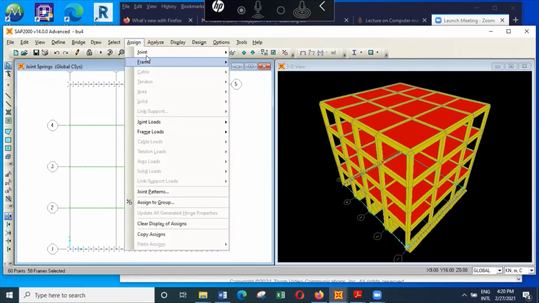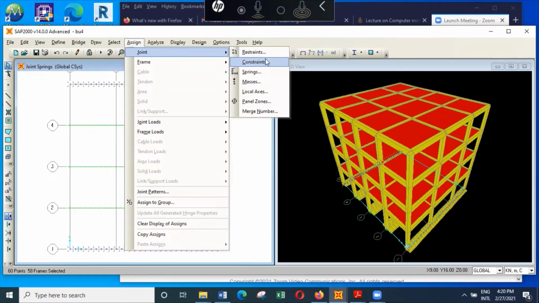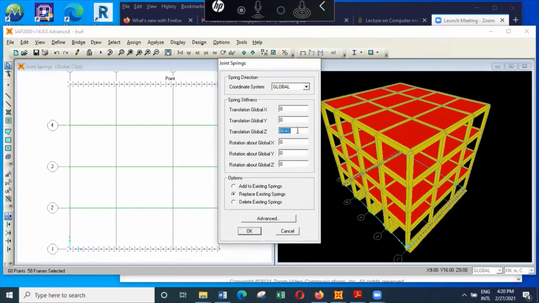Assign spring constant of 4,800, and that comes from 120 into 4 into 40, which is the spring subgrade modulus, 9,600. 9,600 multiplied by 1 meter by 0.5 meter is 4,800. So you get the spring constants.